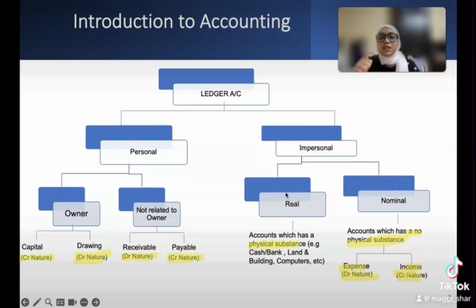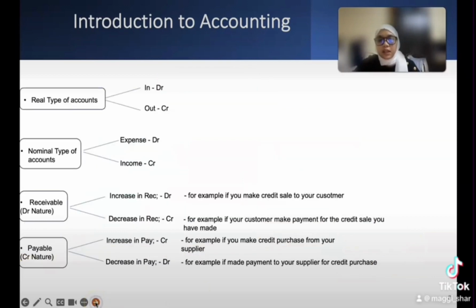Cash has a physical substance, so cash is a real account. We decided cash is real. So if it is a real account, if it is in, we will record it in debit. If it is out, we will record it in the credit side. So in the transaction of buying a car, we are giving cash, so it is out. So we'll record it in the credit side.